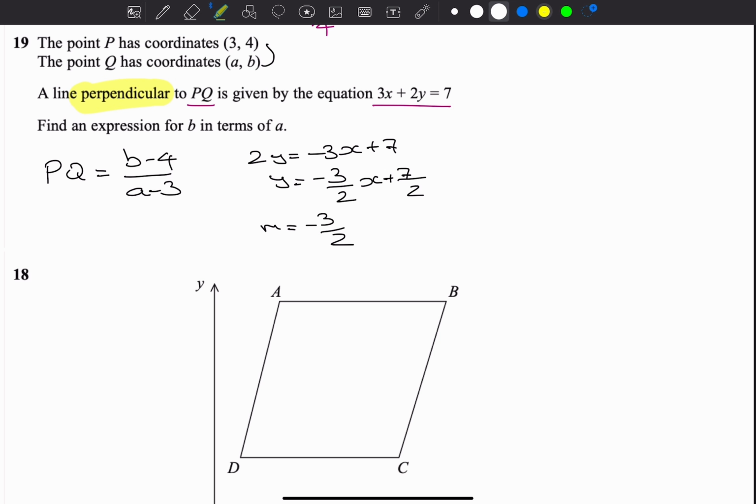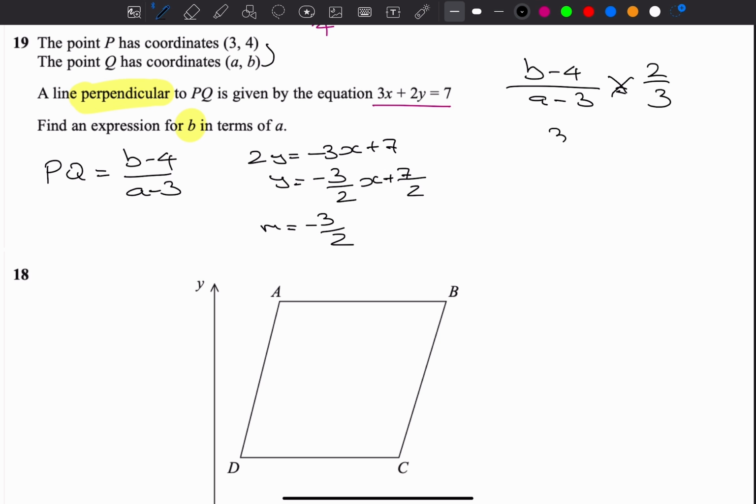If two lines are perpendicular, what I could do, remember, you could do m1 times m2 equals minus 1. So basically saying this multiplied by that should give you minus 1, and you solve it to make b the subject. Or you could say b minus 4 over a minus 3 is equal to not minus 3 over 2, because it's perpendicular, switch it over, positive 2 over 3.